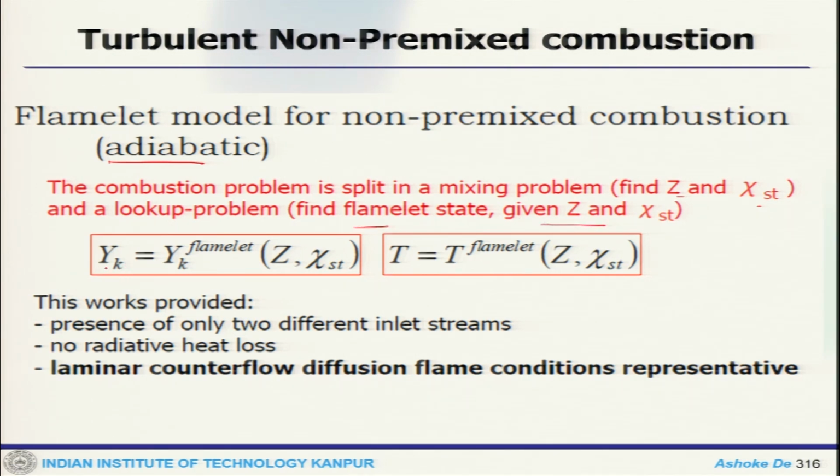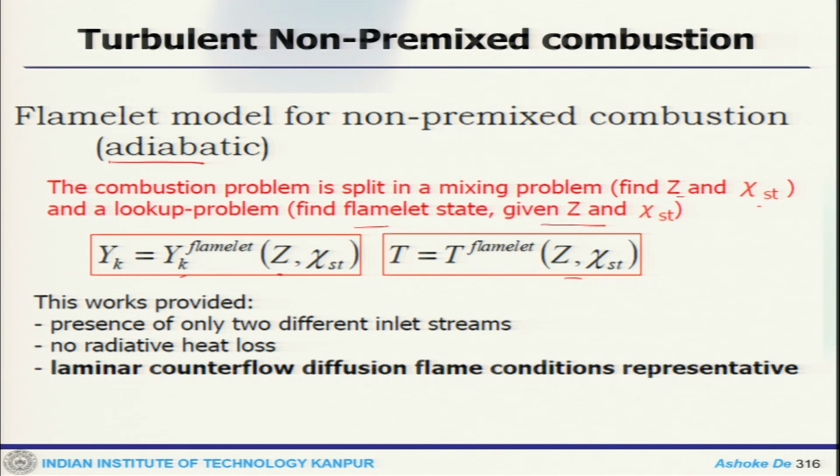So we have species mass fraction, which for a flamelet is a function of Z and chi stoichiometric, and similarly the flamelet temperature. This works nicely for a two-stream problem, and it does not take into account any radiative heat loss. These are some sort of representative situations.